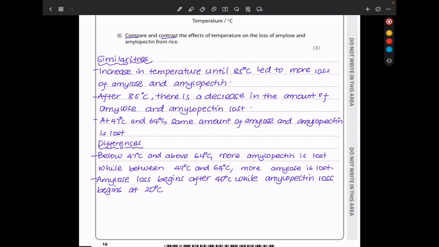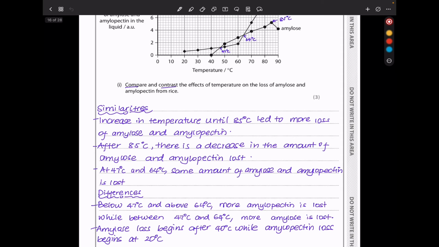For the differences, below 47 degrees Celsius and above 64 degrees Celsius, there is more amylopectin lost, while between 47 and 64, there is more amylose lost. Also, amylose loss begins after 40 degrees Celsius, while amylopectin loss begins at 20 degrees. We can see this is after 40, and then we see this is about 20 degrees.